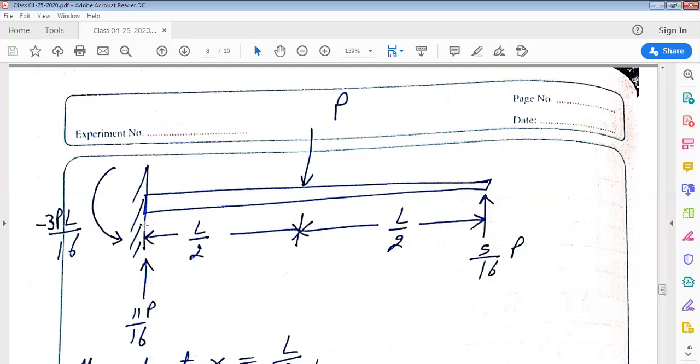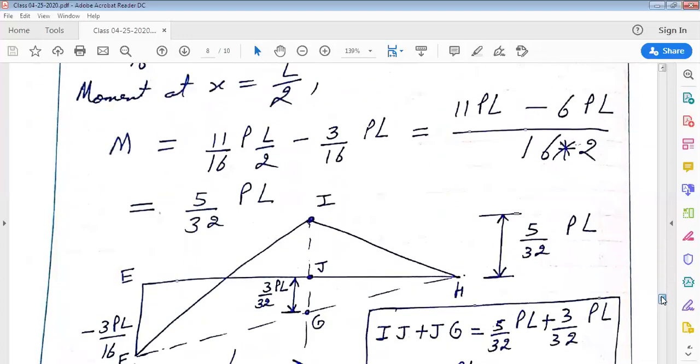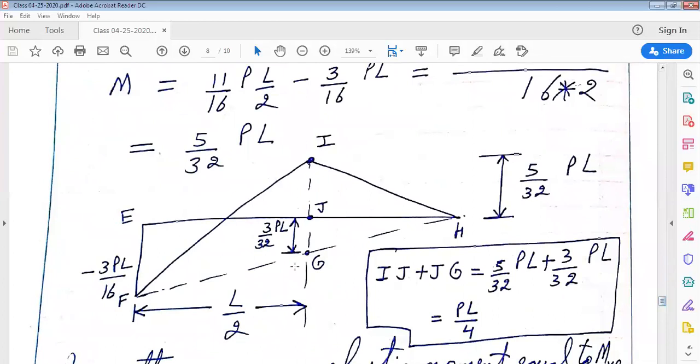And also we know the bending moment would linearly vary from this point to this point, and also linearly vary from this point to this point. So from these three points, we can find out the bending moment diagram by simply joining linearly.